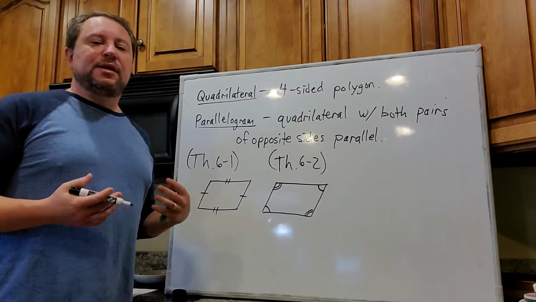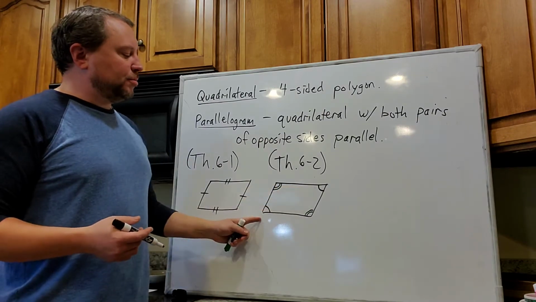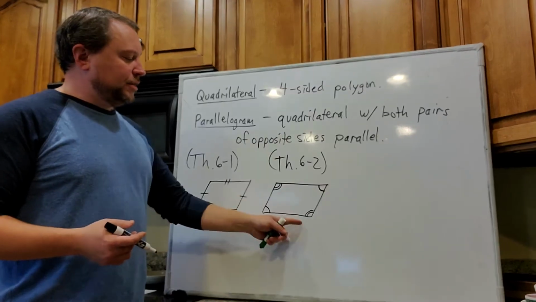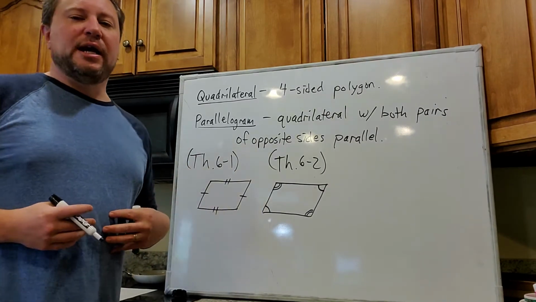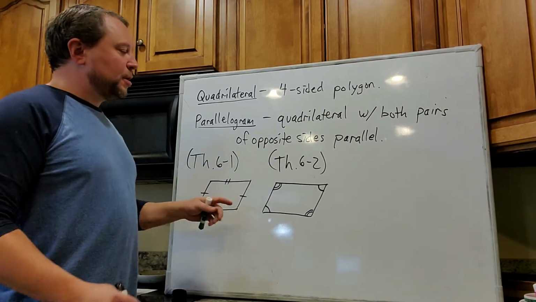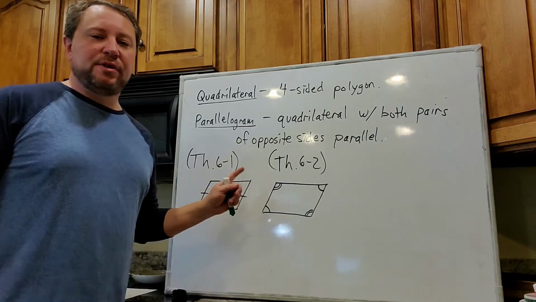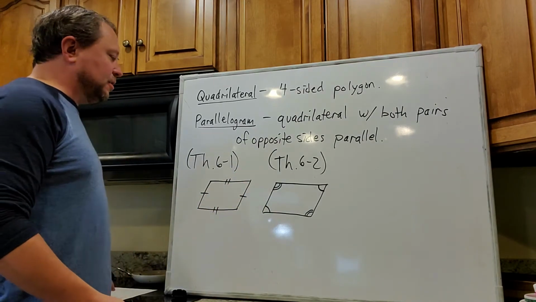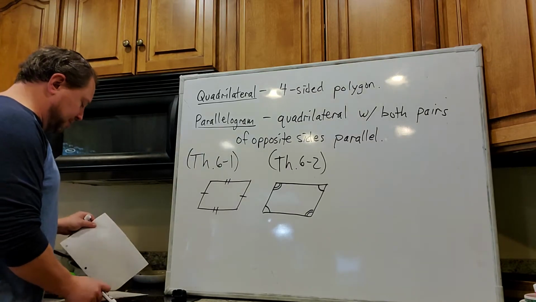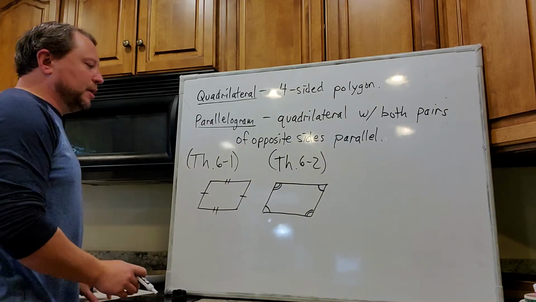Your gut instincts can kind of help on this. Both of those appear to be acute. Both of these appear to be obtuse. So, let your gut instincts guide you a little bit there. But this theorem specifically states those opposite angles are congruent.